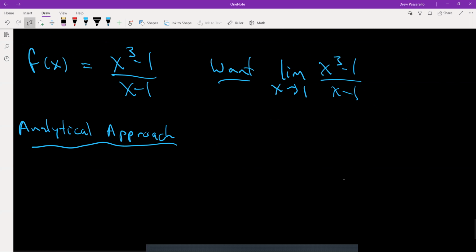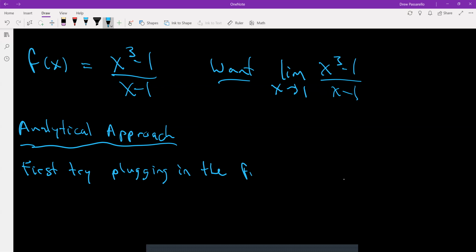So first, just try plugging in whatever fixed value the x values are approaching. That's usually what I try first.